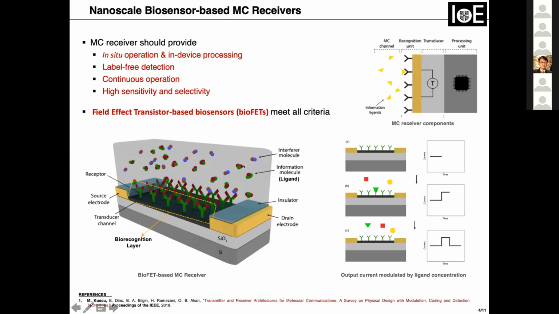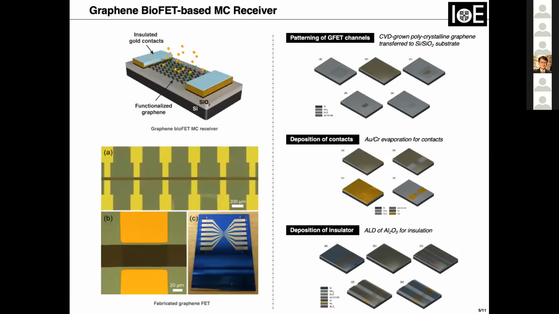So binding of those ligands to the receptors results in the accumulation or depletion of charge carriers in the semiconductor channel, and this modulates the conductance, and the output current becomes a function of the ligand concentration. And we decided to use graphene as the sensing material because of its high biochemical sensitivity, flexibility, and two-dimensional structure.